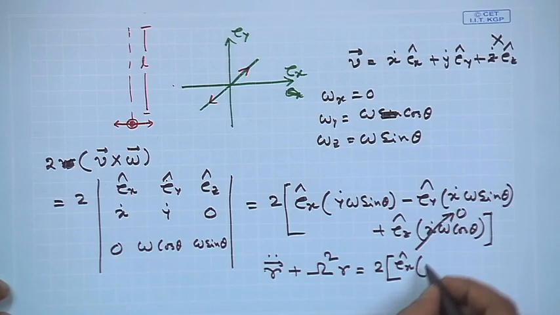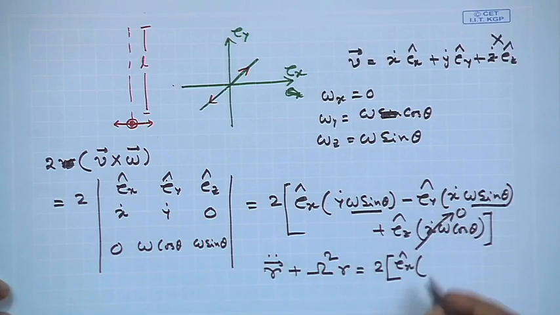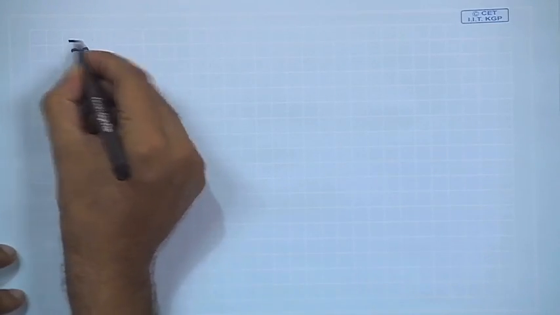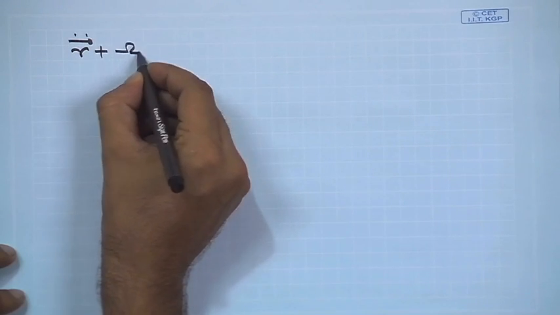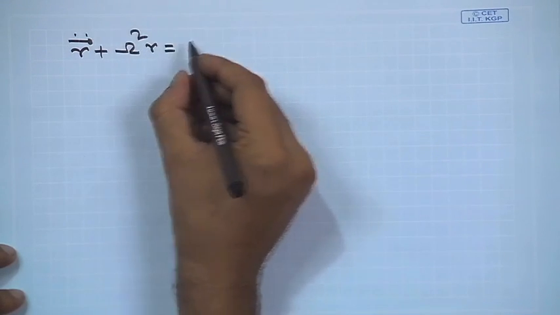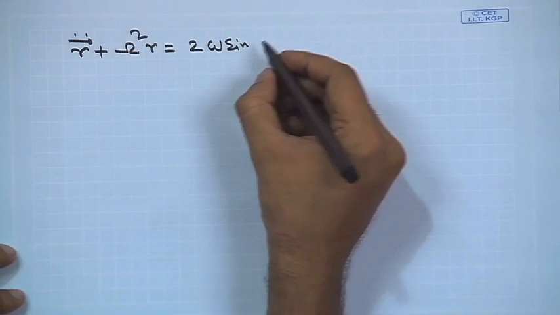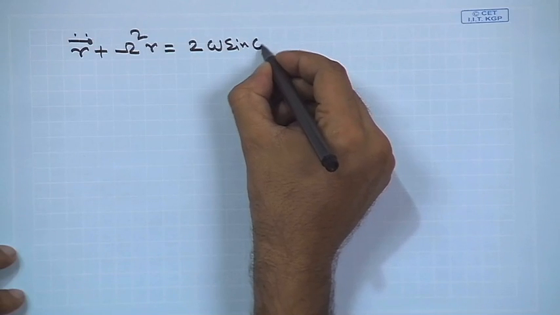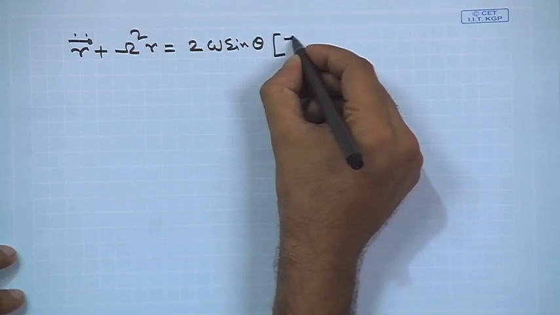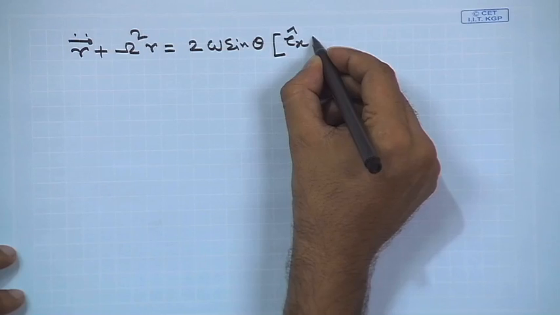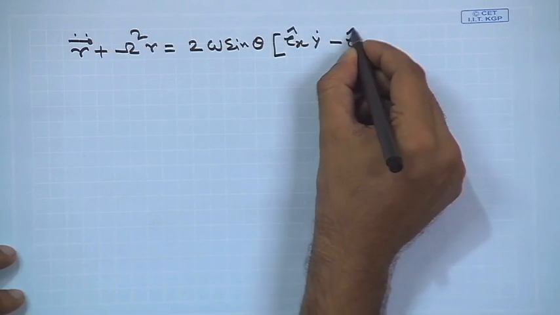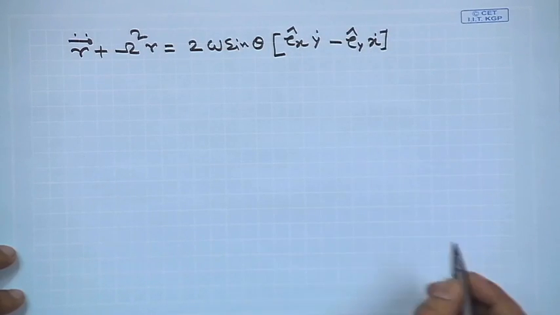Actually, what we can do is take omega sin theta out from these two terms, and I will just write it again: r double dot plus omega square r is equal to 2 omega sin theta times Ex cap y dot minus Ey cap x dot, right.